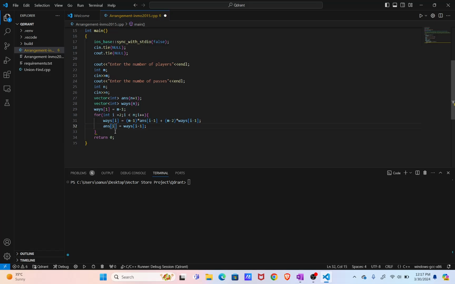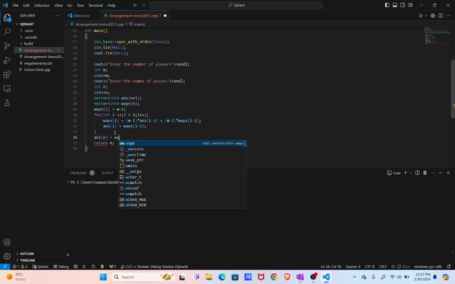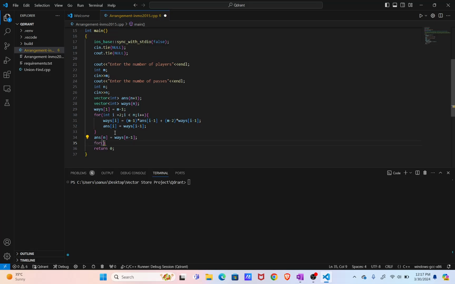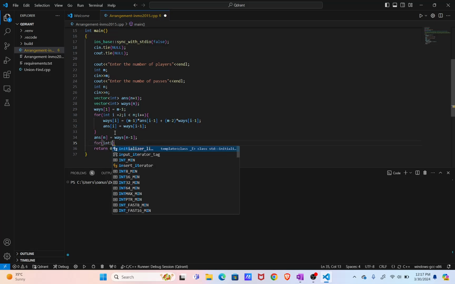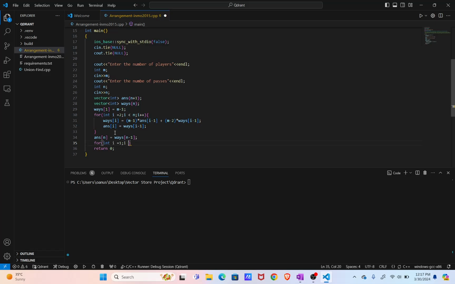Having done this much, of course, the final answer after n passes, answer of n, will be ways of n minus 1, because we have not kept that in the loop. So I have to explicitly mention it. And then we can just write a loop and see how it behaves.